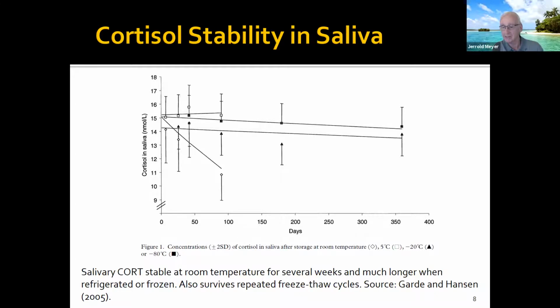Even despite these data that look like it should be okay at minus 20, they do recommend that. Apparently, if you measure this very carefully, there is small degradation occurring over months at minus 20. So again, just to be on the safe side.